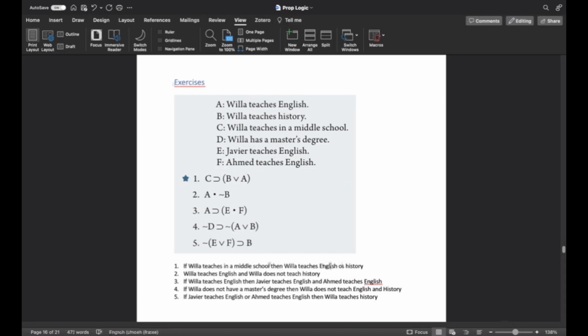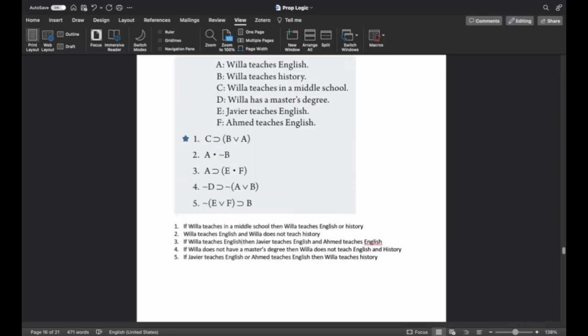We also have a conditional, with the antecedent on the left, Willa teaches English, and on the right, two variables in the consequent connected by a conjunction: Javier teaches English and Ahmed teaches English. So it's if Willa teaches English, then Javier teaches English and Ahmed teaches English.